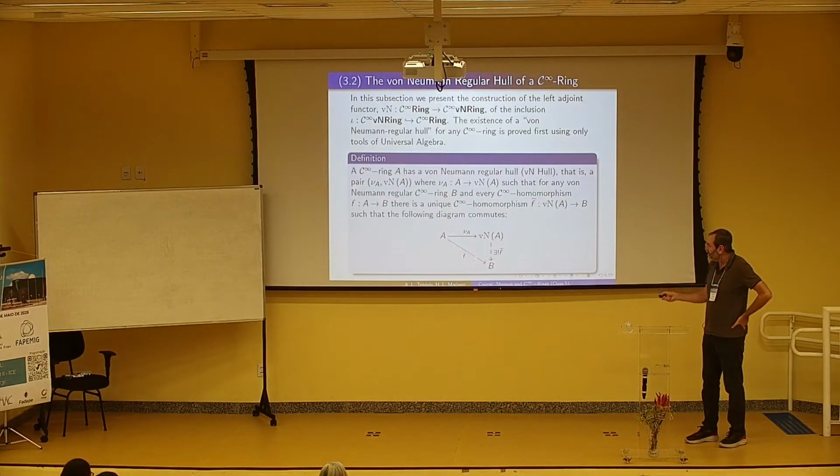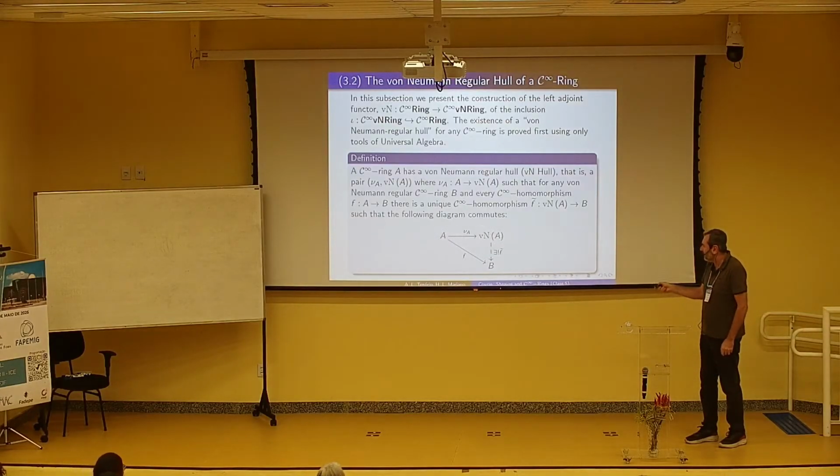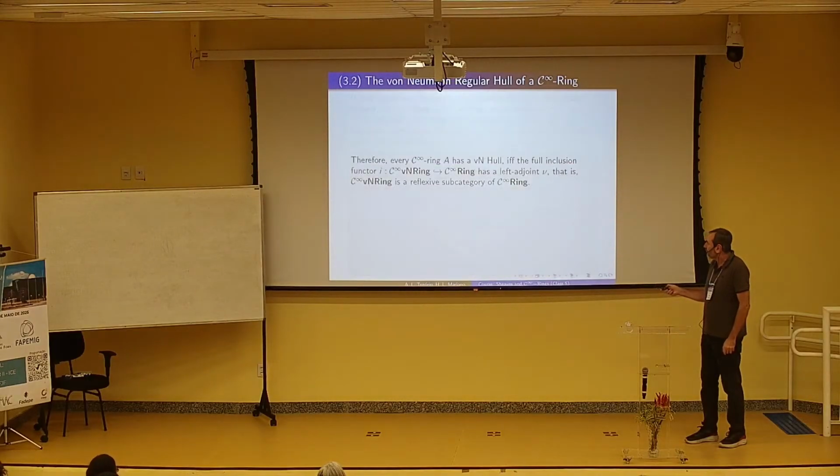Ou seja, dado qualquer fonema regular B e um morfismo F de A para B, ele vai ter uma fatoração única através desse. Esse seria a unidade da adjunção, ou seja, a gente quer mostrar que essa subcategoria é reflexiva.